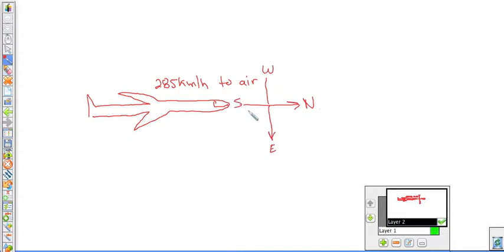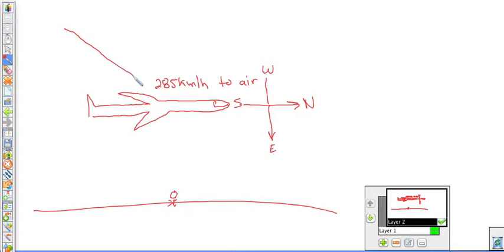Okay, so here's my coordinate system right here. If you're down here on the ground, here you are. Say hi, airplane. So this is going to be going 285. Now let's say that there's a wind that comes up, and that wind is blowing on the airplane in this direction, 30 degrees north of east.